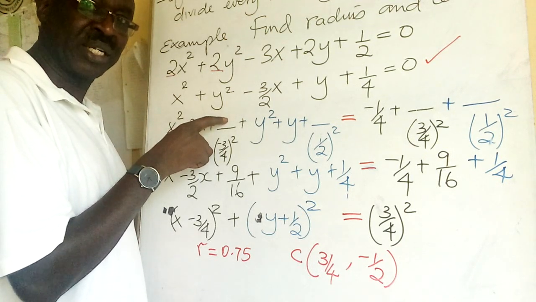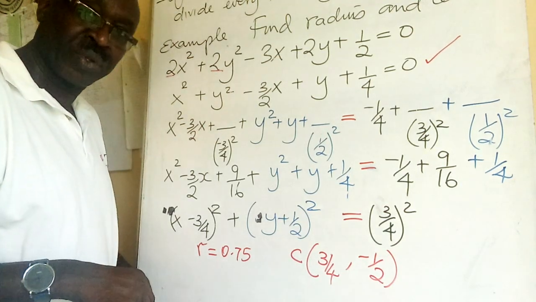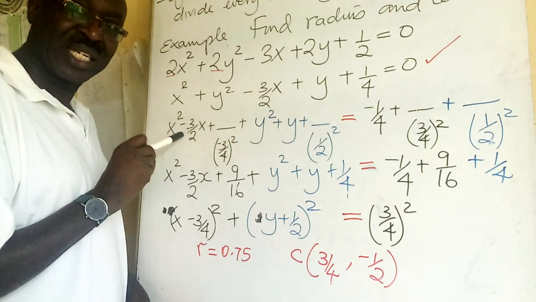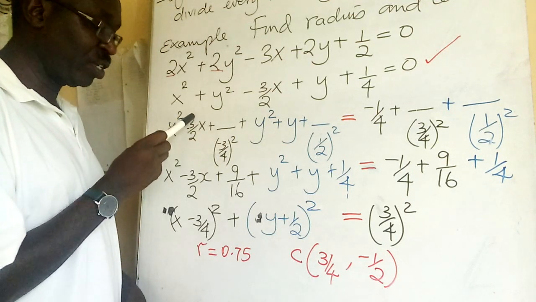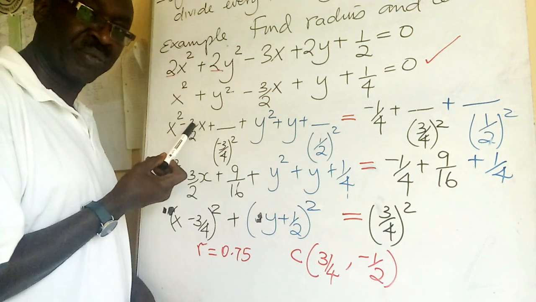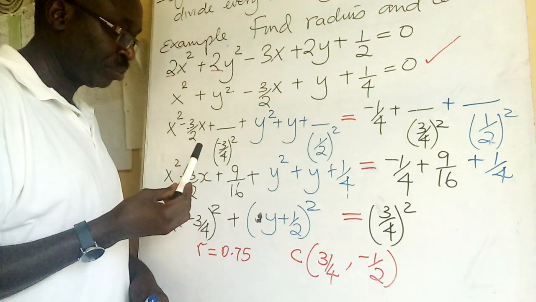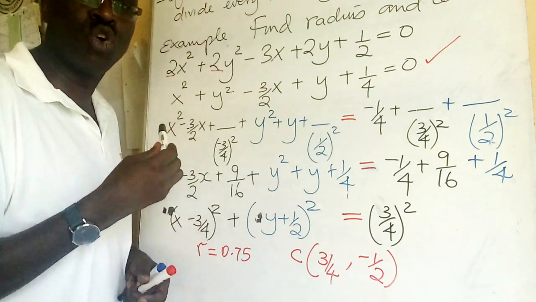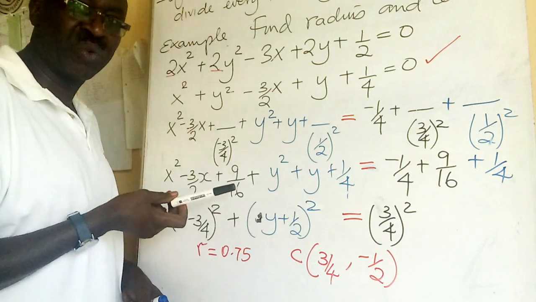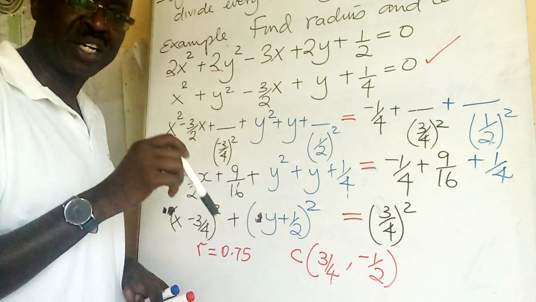Do you remember the previous lesson? You take here the second term, negative 3 over 2. Leave alone the x. So this second term, you extract the figure and then divide by 2. Always, whether it is a fraction or a complete figure, always divide by 2.